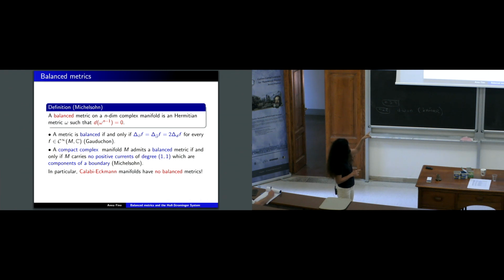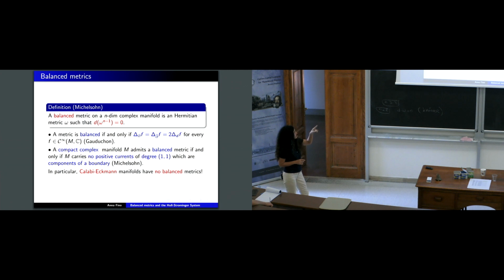If you have that relation, that's equivalent to the Hermitian metric being balanced. But I think this type of metric appeared for the first time in the paper by Gray and Hervella, but the first place where the metric appears with nice properties is the paper by Michelsohn.